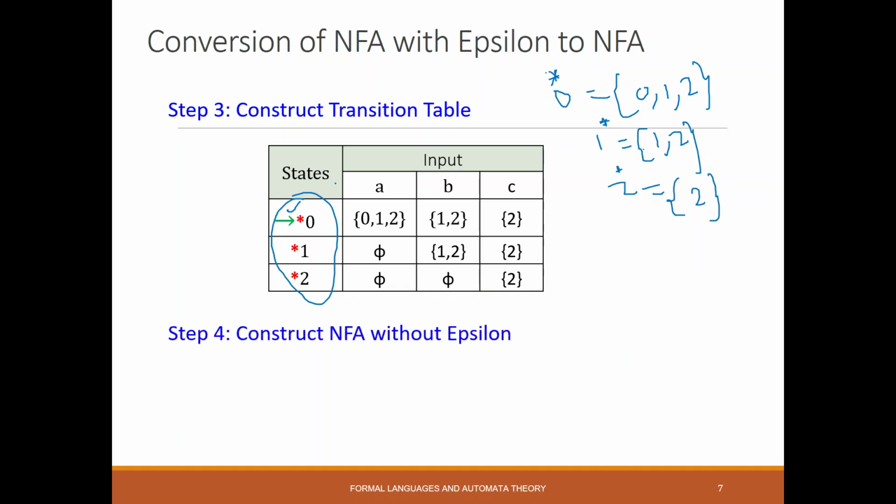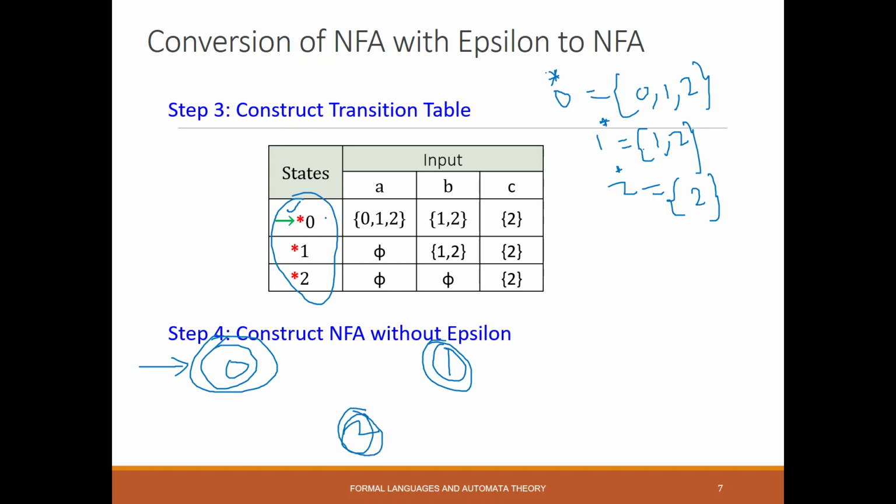Next, based on the construction of the transition table, we can draw the diagram. 0 is the initial state as well as a final state. Next 1 is a final state again. 2 is another final state, right?